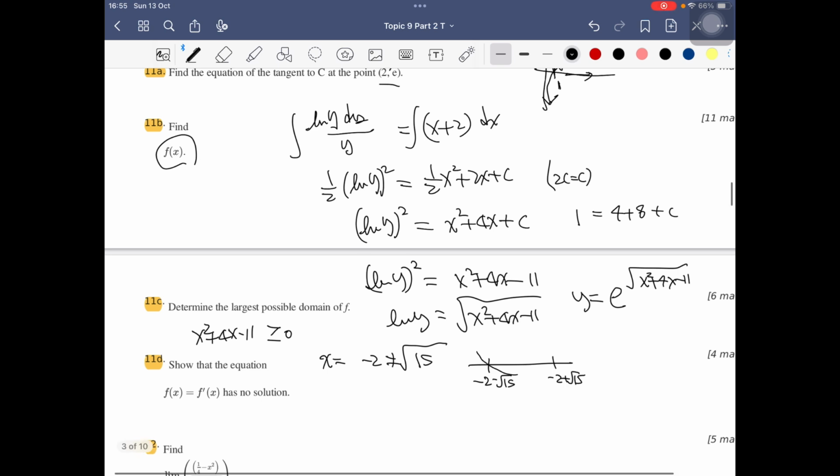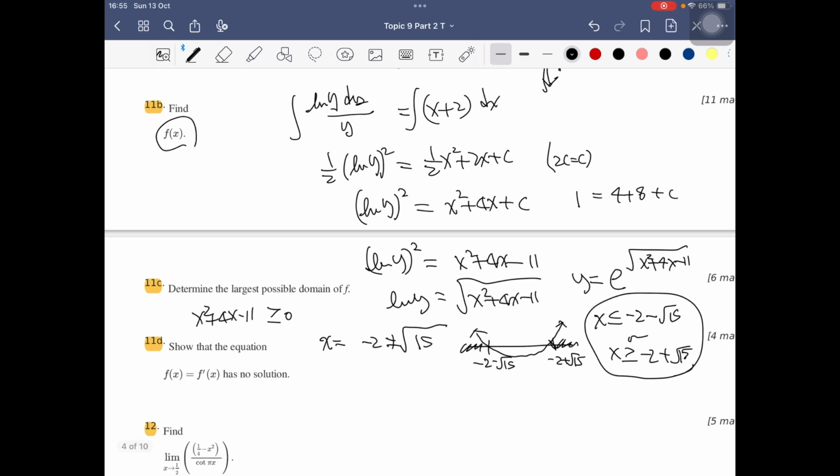Because this is a quadratic function, it looks like this, so it is more than or equal to 0 here. So the possible domain of f of x is x smaller than or equal to negative 2 minus square root 15, or x larger than or equal to negative 2 plus square root 15.